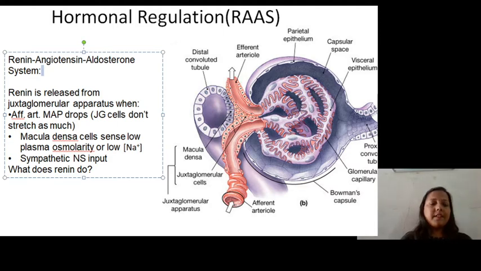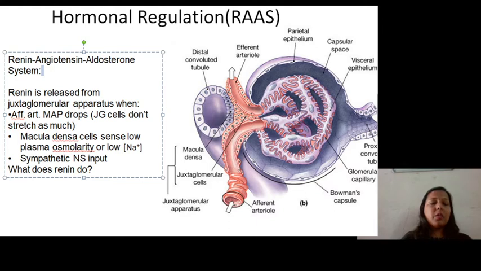Now due to some reason, like hemorrhage or a decreased level of sodium in the blood, blood volume decreases, and due to that blood pressure decreases. This decrease in blood pressure is sensed by the macula densa cells present here in between the afferent and efferent arteriole, and this juxtaglomerular apparatus at that time releases one hormone called renin.